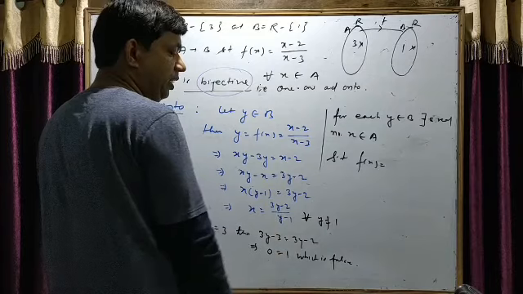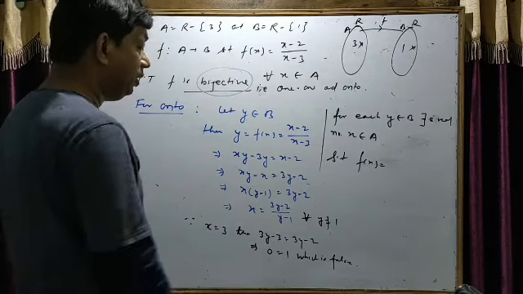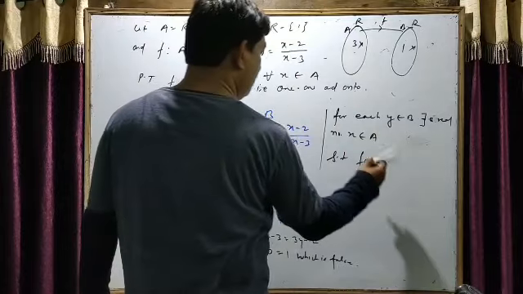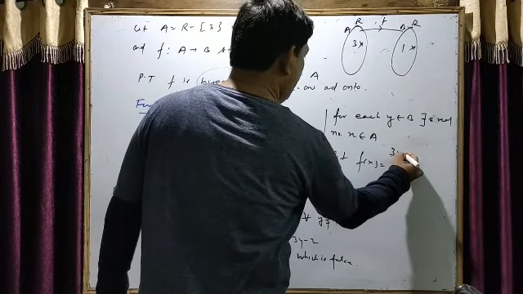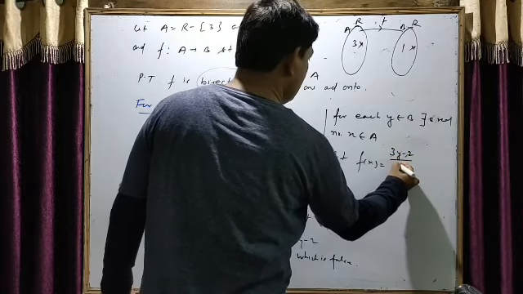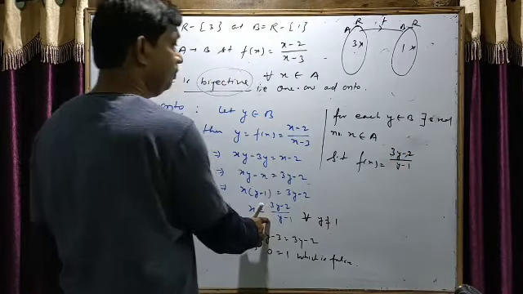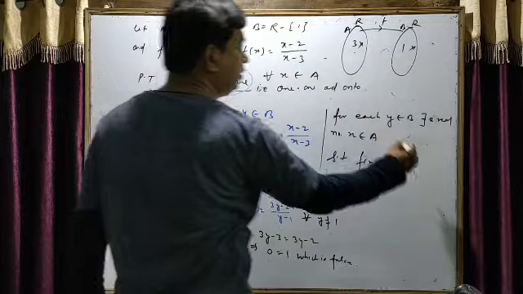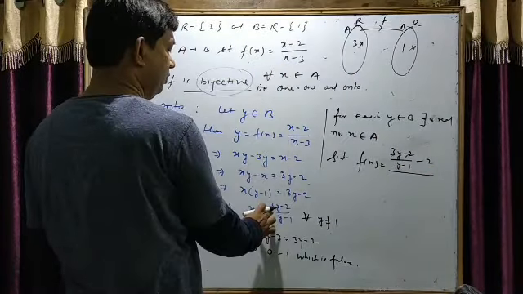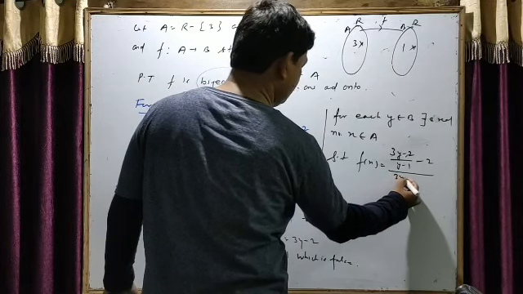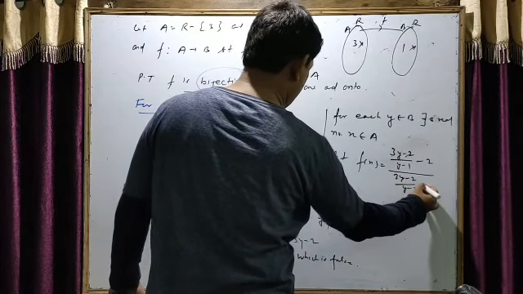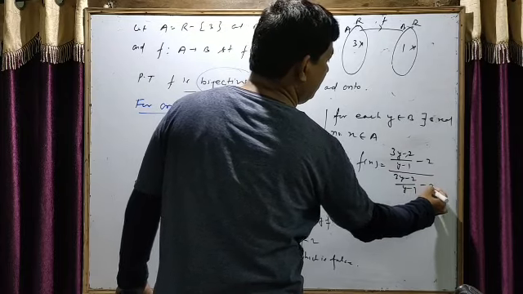X is 3y minus 2 by y minus 1. Now write in place of this x. So x means 3y minus 2 by y minus 1, in place of x, minus 2 divided by 3 times 3y minus 2 by y minus 1, minus 3.